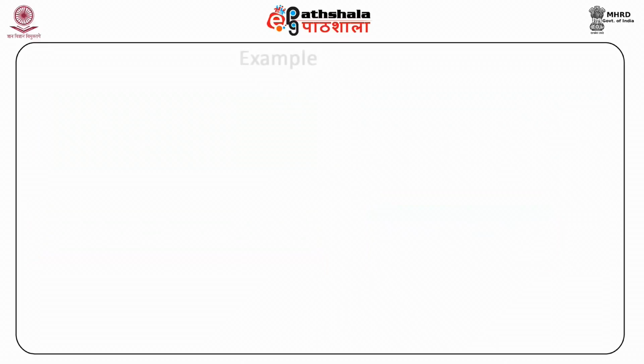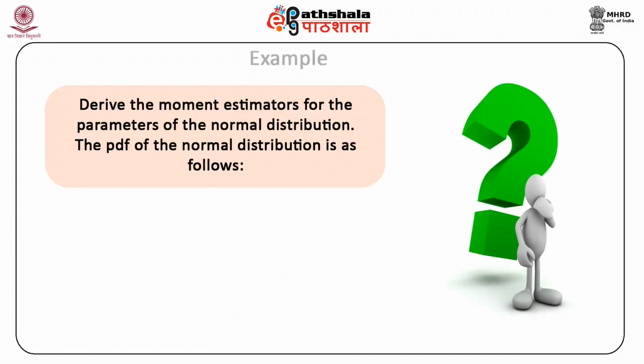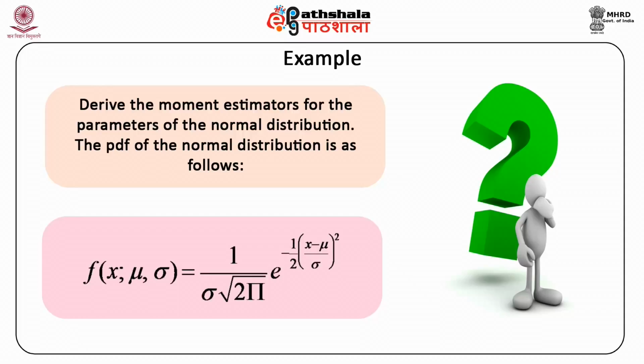Another example which we discuss is derive the moment estimators for the parameters of the normal distribution. The PDF of the normal distribution is as follows. f of x with parameters mu and sigma is equal to 1 upon sigma into root 2 pi into e raised to power minus half into x minus mu upon sigma whole square.